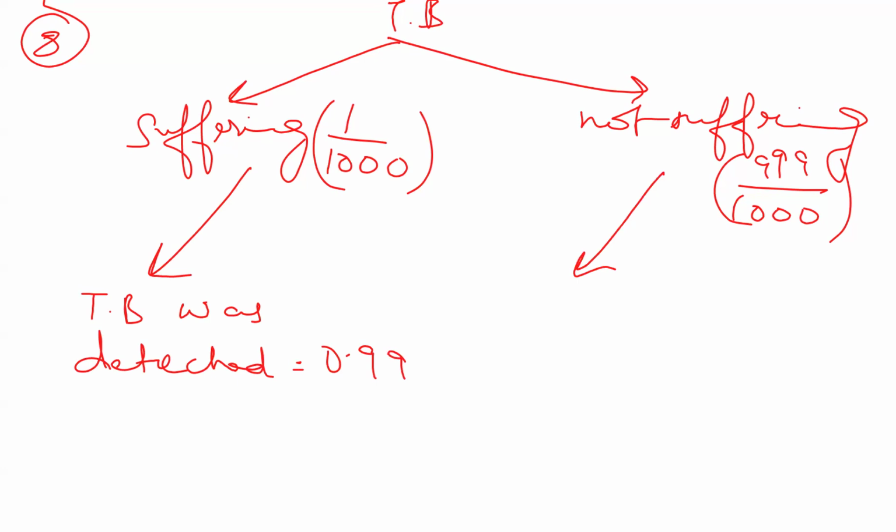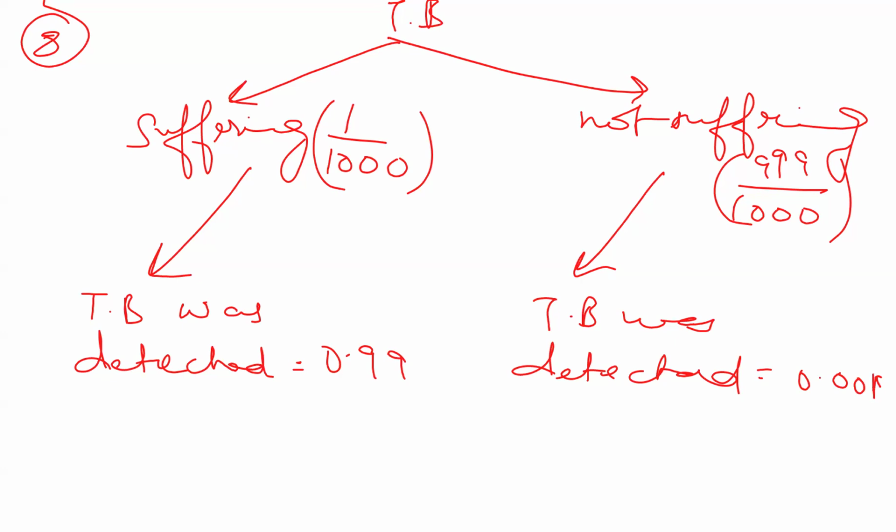The second line, the probability that the doctor diagnoses incorrectly that the person has TB. So TB was detected by the doctor, but actually he was not suffering. If you read the second and third line, this is 0.001. This is also given.